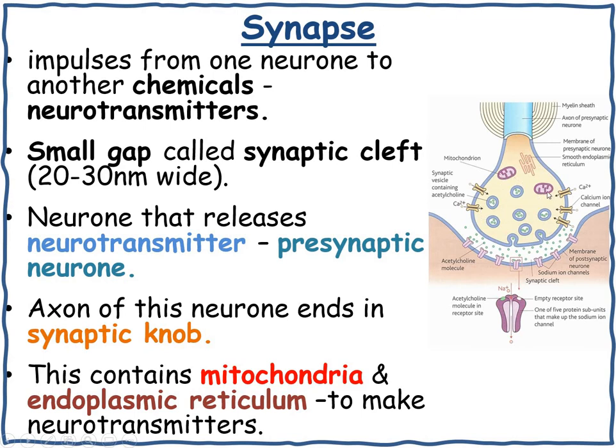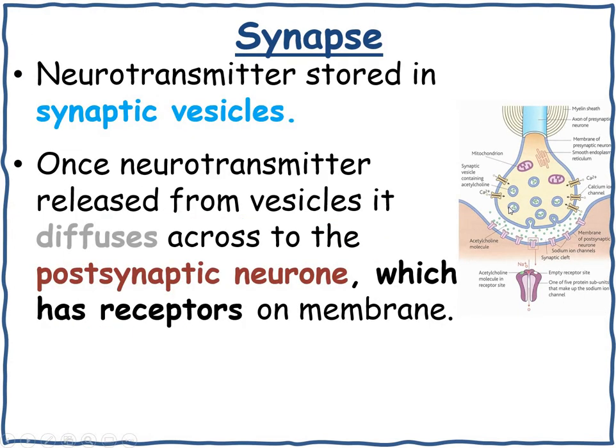This contains mitochondria and endoplasmic reticulum to make the neurotransmitters. And the neurotransmitters are then stored in synaptic vesicles. Once the neurotransmitter is released from the vesicles, it diffuses across to the postsynaptic neuron, which has receptors on the membrane.